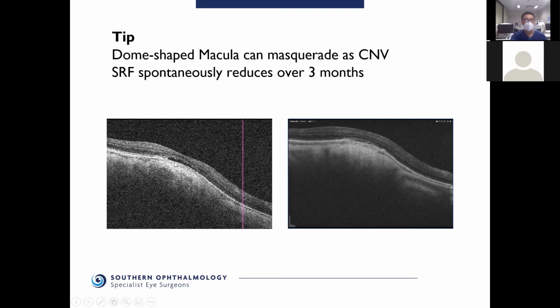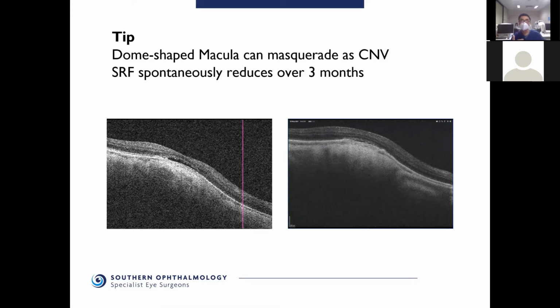And these dome-shaped maculae can often be associated with some subretinal fluid, which can fluctuate. So there's subretinal fluid there, and 3 months later it's almost gone. It can wax and wane, and it can masquerade as choroidal neovascularization.